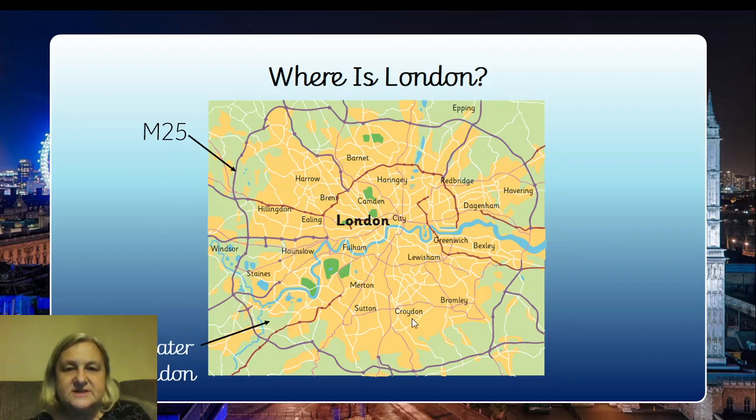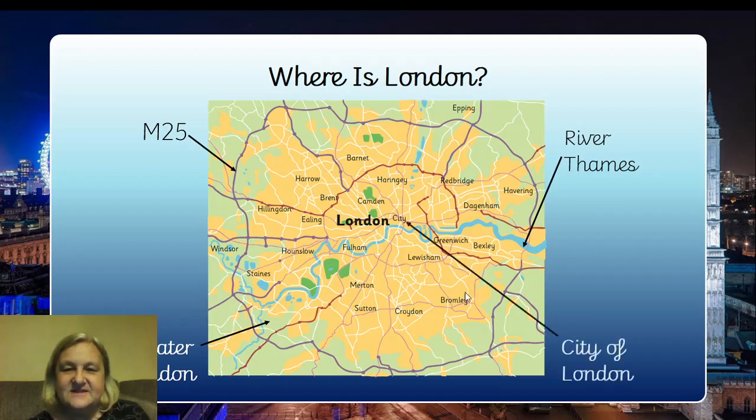This is called Greater London. So London City is in the middle, you can see City, and these are the London boroughs or London areas around the outside. We have the River Thames going through with a lovely big U-bend here. I love that. And then the city in the middle, and then the roads round to this side. This is actually the M26 here, and that's the M20.